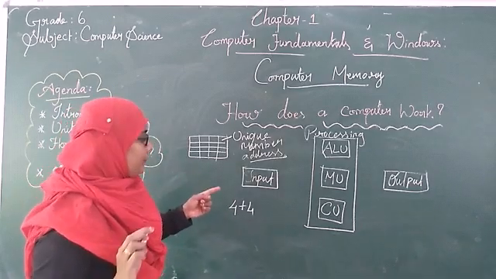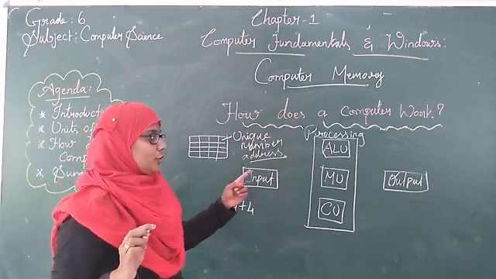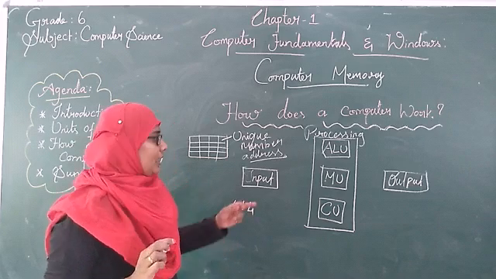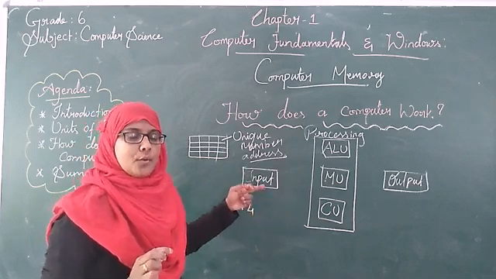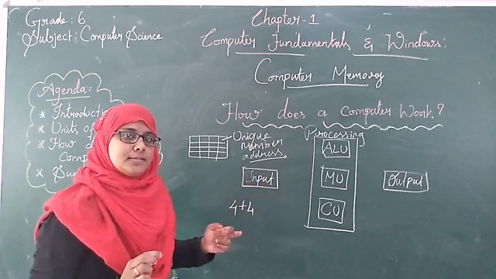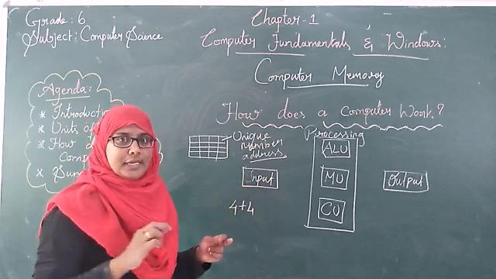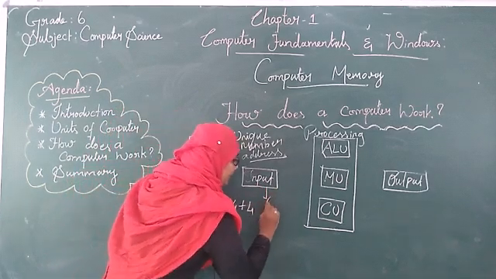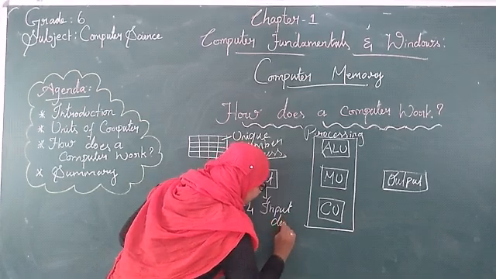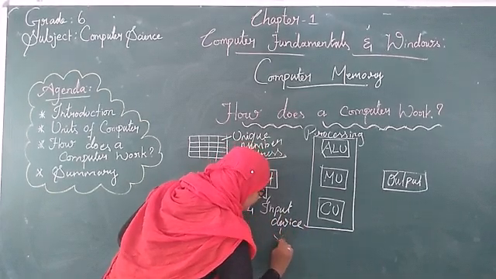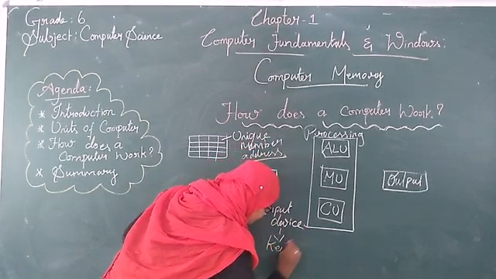I am going to process this data through the computer. I want to give the input through the input unit. Which device can I type the letters with? Yes, keyboard. Through the input device, which means the keyboard.